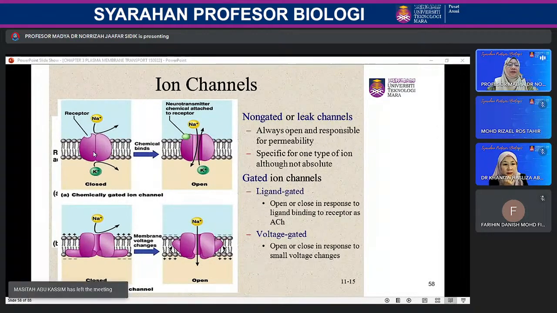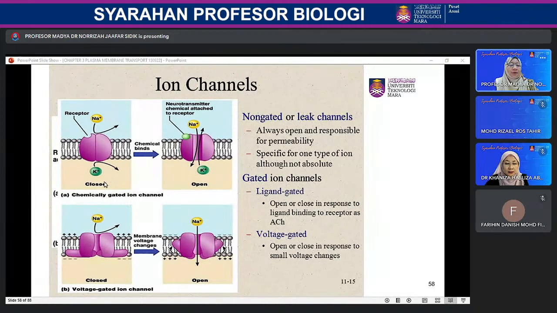It is closed. Both the ions, the sodium and the potassium ion, cannot move across. Whereas here, there is a receptor, and the neurotransmitter chemical can attach to the receptor.